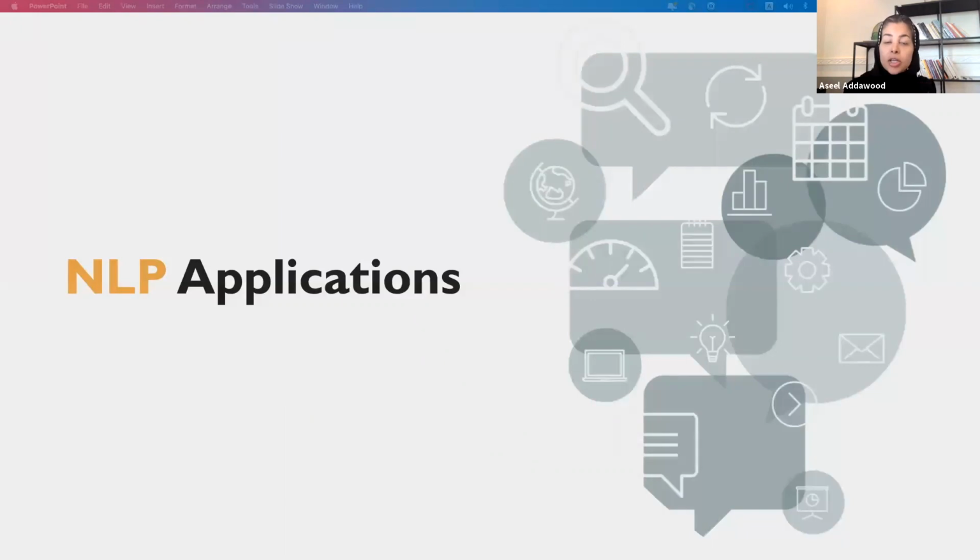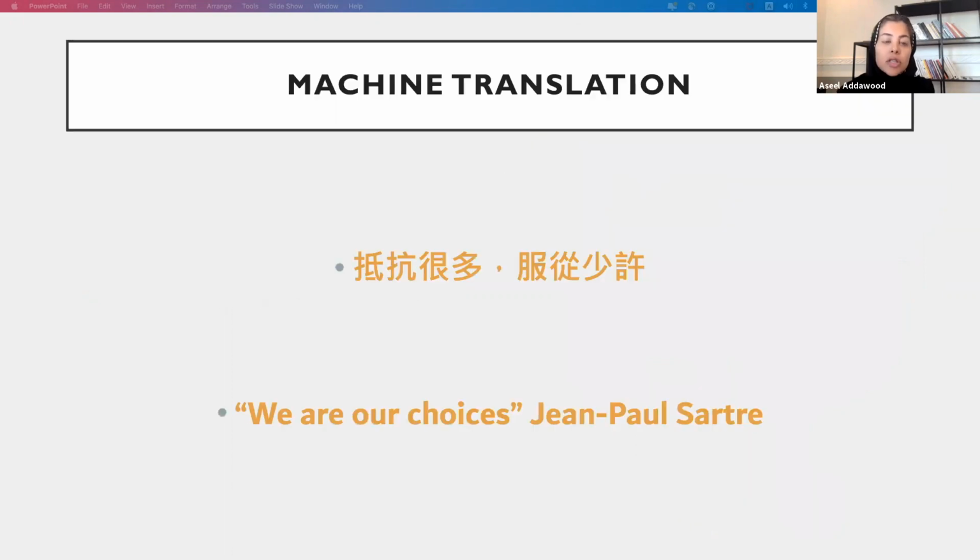What are the well-known applications of natural language processing? I will go through some of them. First is machine translation. Language translation by itself has been in our culture for a very, very long time. So having the machine do the translation is one of the great examples of that.